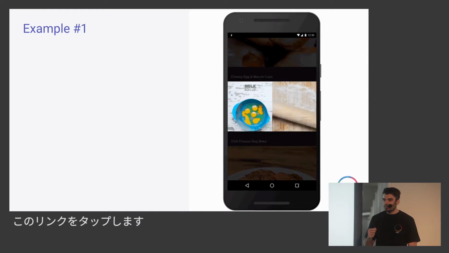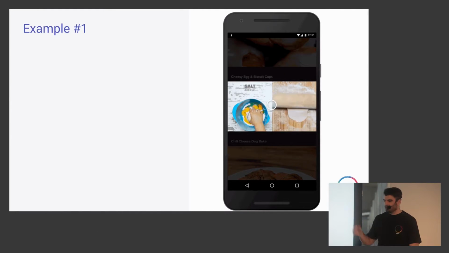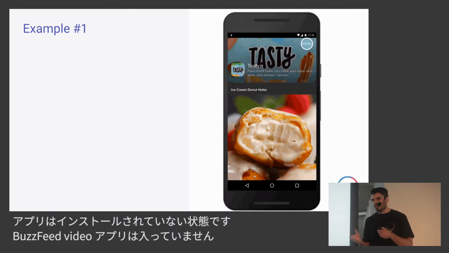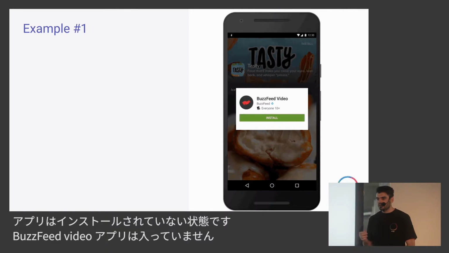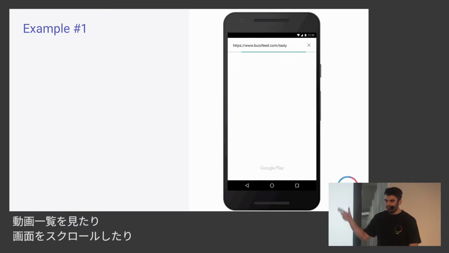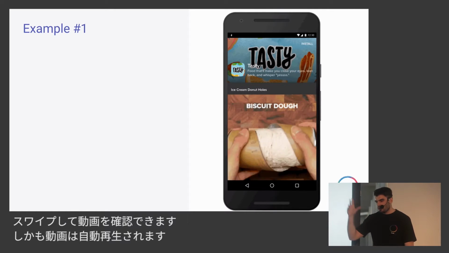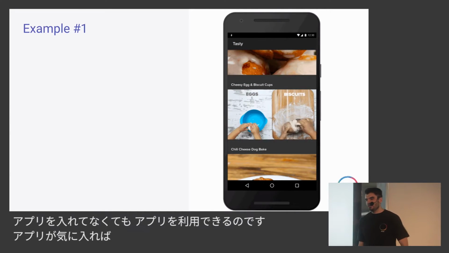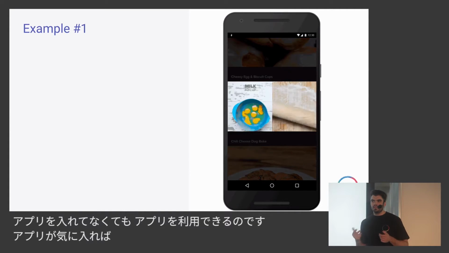So let's say I tap on the link. Now, just to be clear, I don't have the BuzzFeed video app installed. However, when I tap on the link, I get a native Android app experience. I can see the list of the tasty videos. I can swipe to scroll the videos, and the videos even start playing themselves. So we get a native experience even though we don't have the app installed.